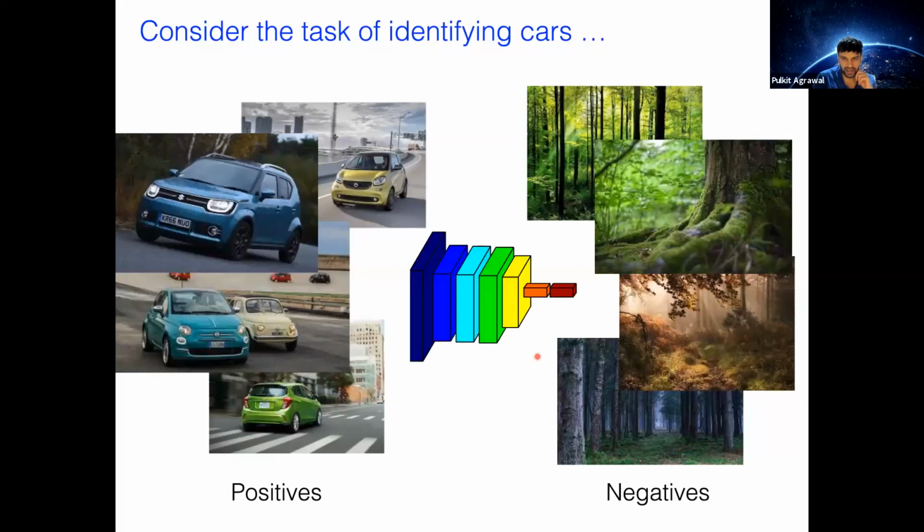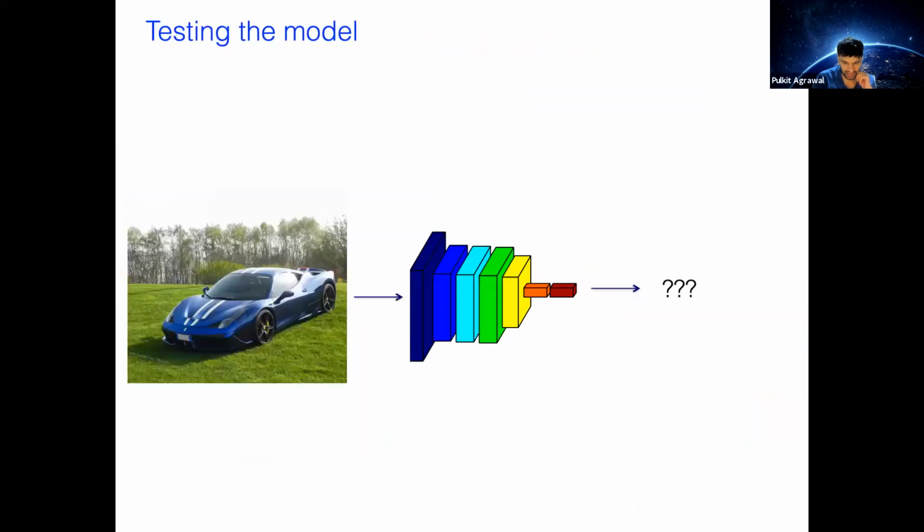Okay, so now I'm going to close the poll, and let's see what we got. Seven of you believe this image contains a car, and 12 of you believe that the image does not contain a car. So anyone who says the image does not contain a car, why is that?